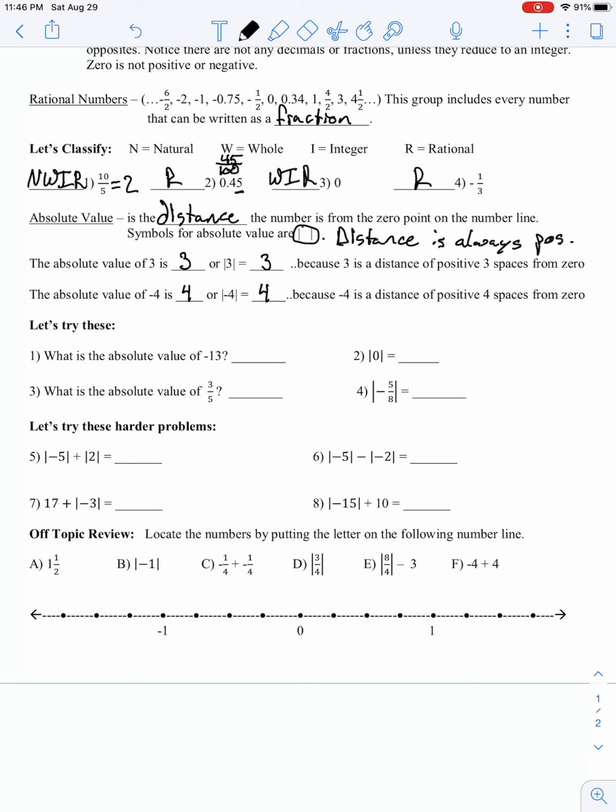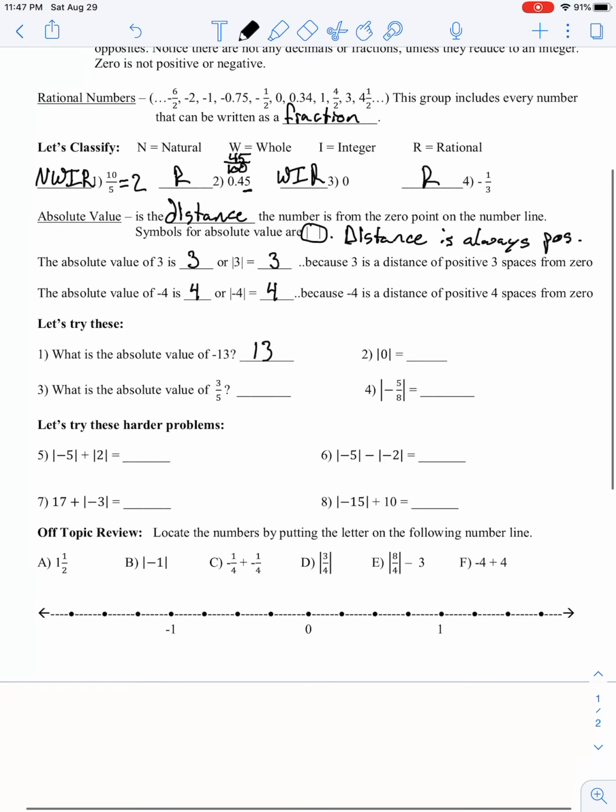If we're asked what the absolute value of -13 is, we'll just remember these absolute values are distances, and distances are always positive. So the absolute value of -13 will be 13. Moving on, we've got the absolute value of 0. Well, if we think about how far 0 is away from 0 on a number line, 0 is itself, right? So there's no distance between 0 and 0. So the absolute value of 0 is just 0.